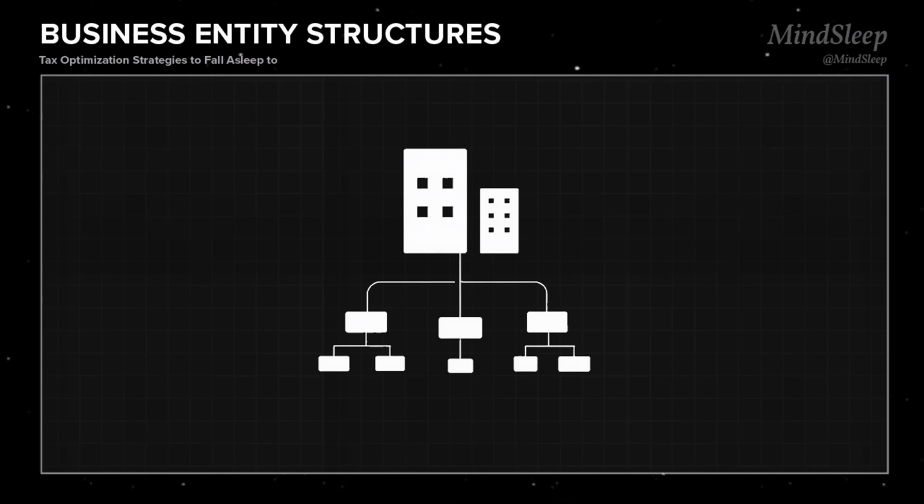financial health. For example, consider a hypothetical technology startup. In its early years, when it's investing heavily in research and development and expecting losses, a pass-through entity like an LLC might be advantageous. The losses can offset the owner's other income, reducing their overall tax burden.